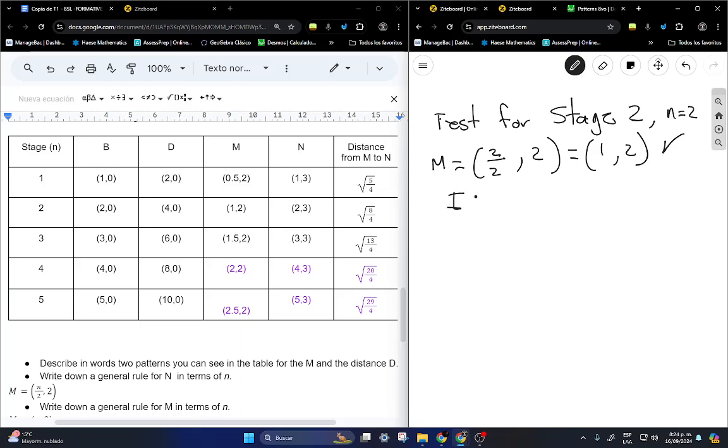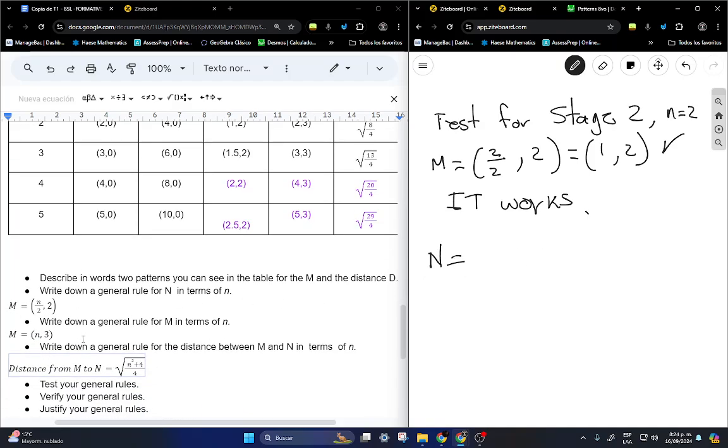It works. Or something similar. Now, n. Our general rule for n is n, comma 3. So, remember, we're testing for position 2. So it would be 2, comma 3. Well, yes, already it works. 2, comma 3.